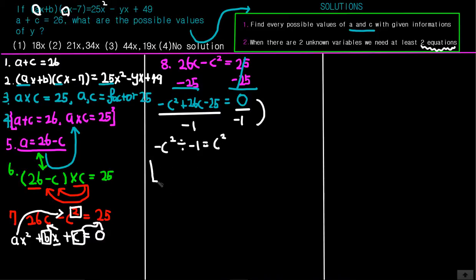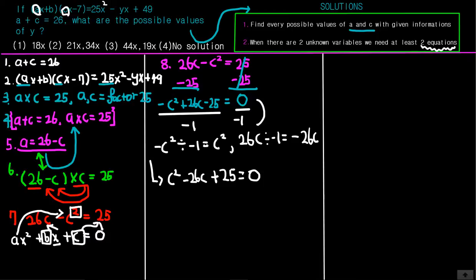Then 26c divided by negative 1 is negative 26c. Then negative 25 divided by negative 1 is positive 25, and that should be equal to 0 divided by negative 1, which is 0.